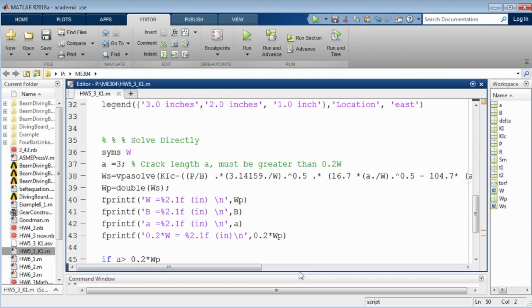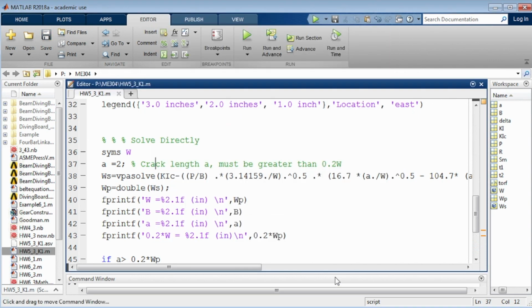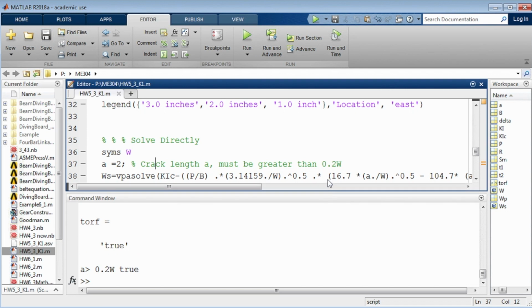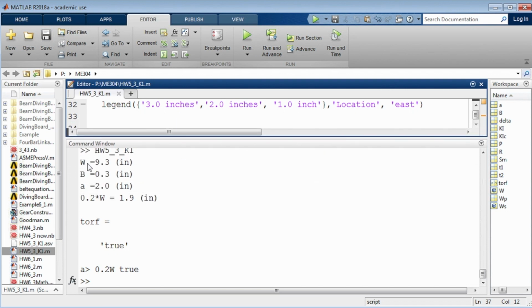So now let's solve it for A equals 2. And get rid of the plot. So here we obtain W equals 9.3. And again, 0.2 times W is less than A. So that's true.